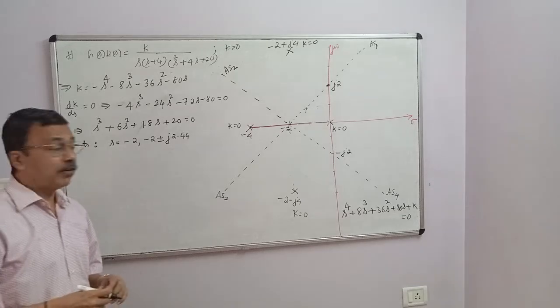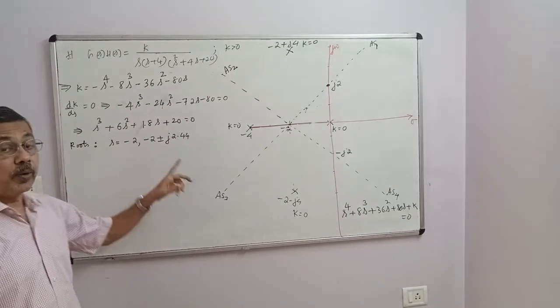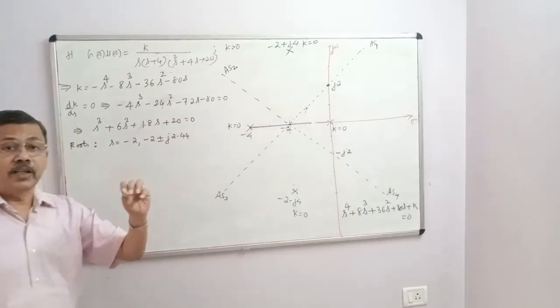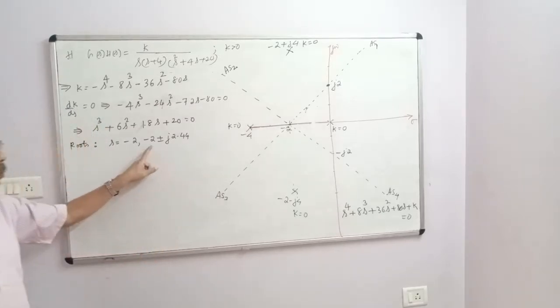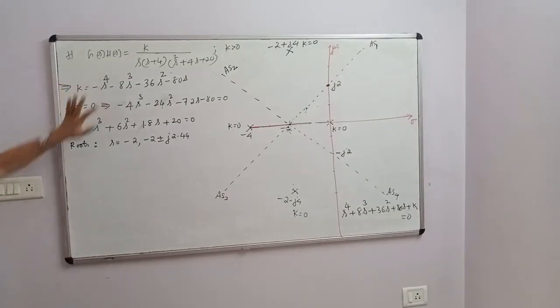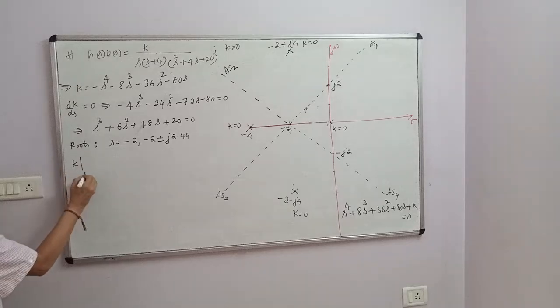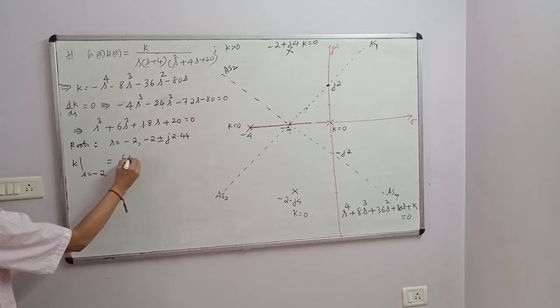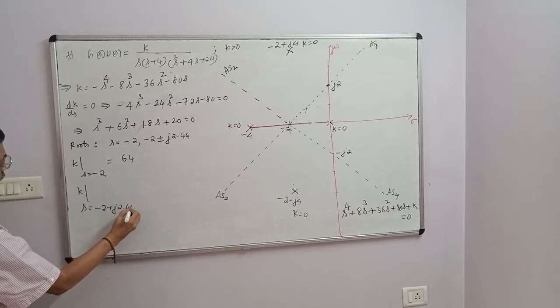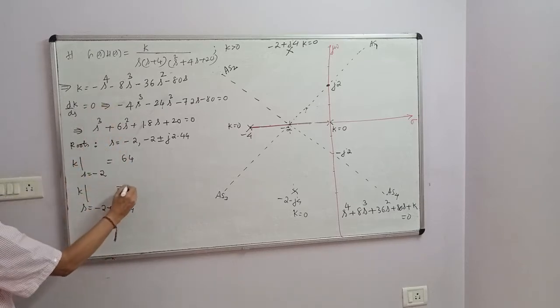Please don't be under the impression that complex breakaway points cannot exist. Compulsorily we have to find the value of k at the complex roots also. This is the equation connecting k and s. In this equation put s is equal to minus 2, and you will get 64. If you put s is equal to minus 2 plus j 2.44 in this expression, you will get k equal to 100.